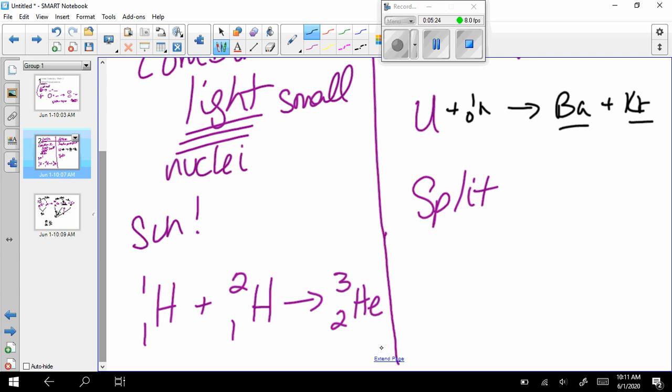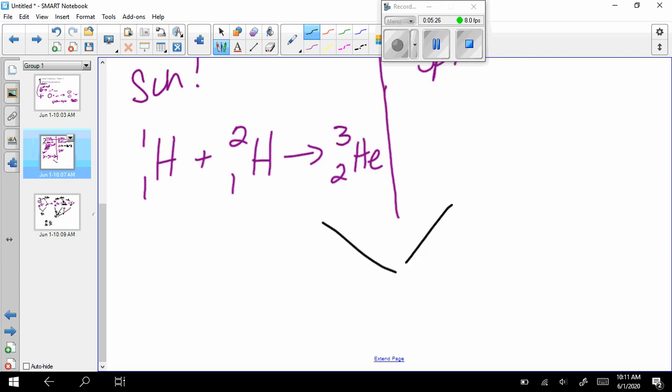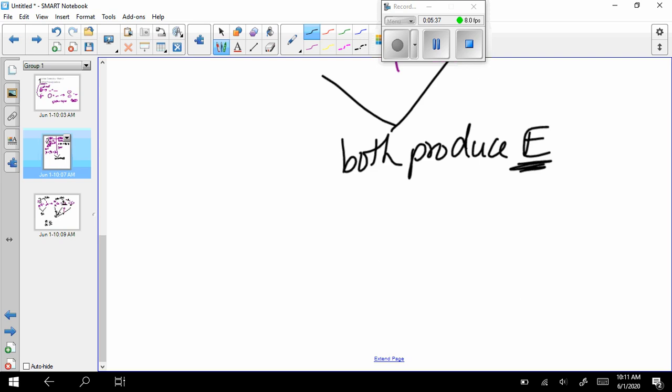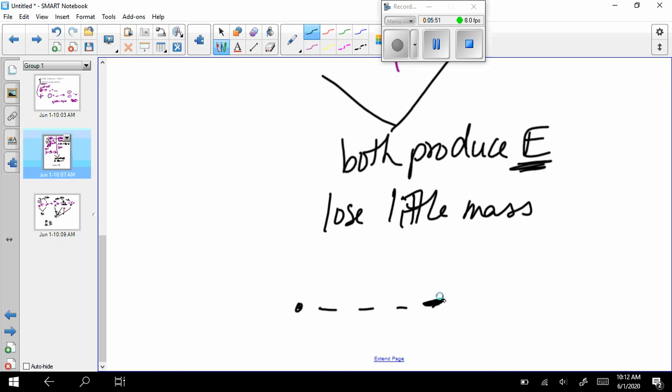Now, the next part of this is that both of these reactions, both fission and fusion, produce a massive amount of energy. They are big energy producers, but they lose a very small amount of mass in the process. When I'm talking about a tiny mass, I'm talking about way over to this decimal place.